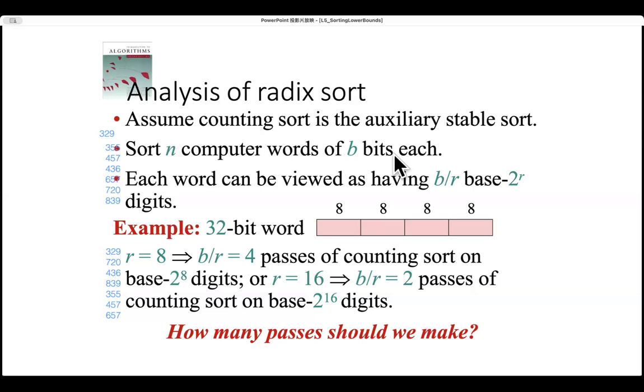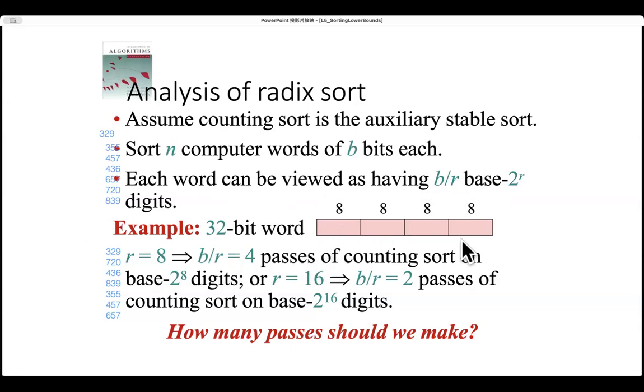Each word is viewed as having b divided by r digits. R is 8, so you have four base 2 to the r digits. So b is 32, r is 8, and b divided by r is 4.